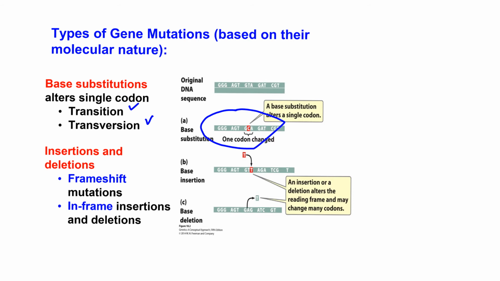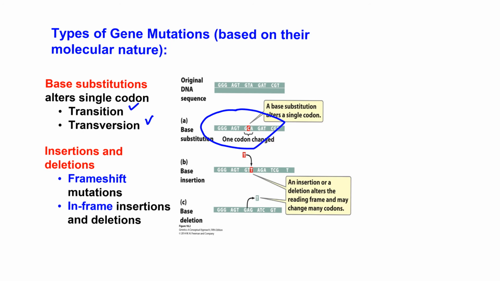Another group of gene mutations based on their molecular nature are insertions and deletions. Insertion or deletion of one or two nucleotides may have a deteriorating effect because it causes a frame shift mutation.